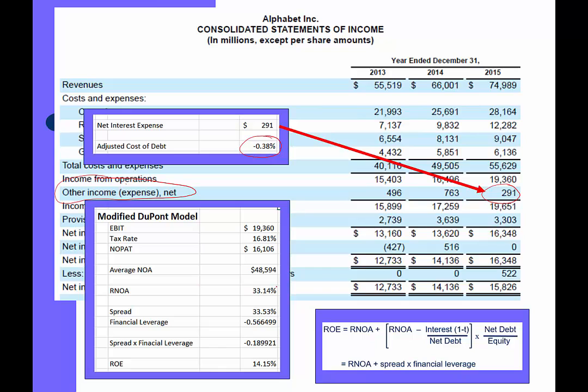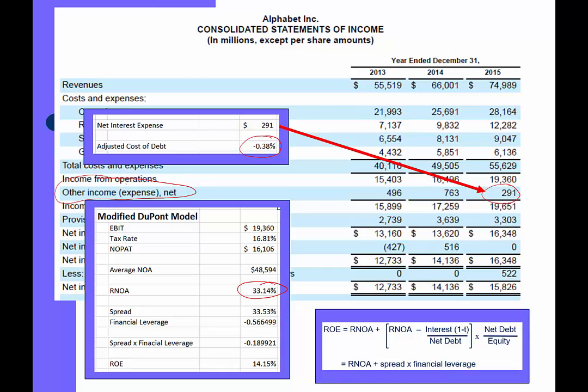So I now have, going back through my modified DuPont analysis, I come down to RNOA, which was the calculation that we did before. The spread is RNOA 33.14 minus the negative 0.38, but minus times a minus is a plus, so that's the 33.53, times financial leverage.